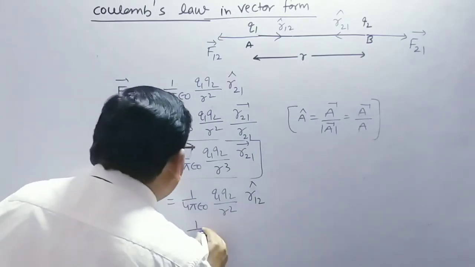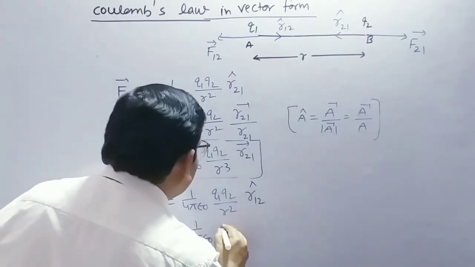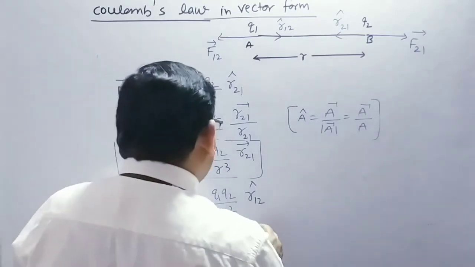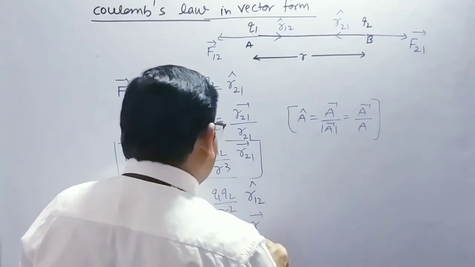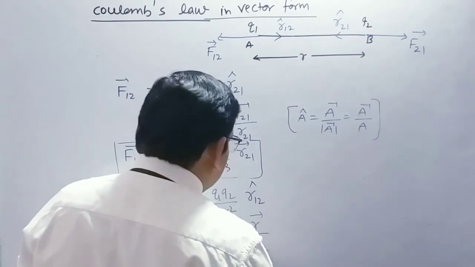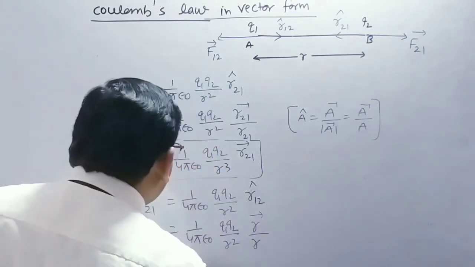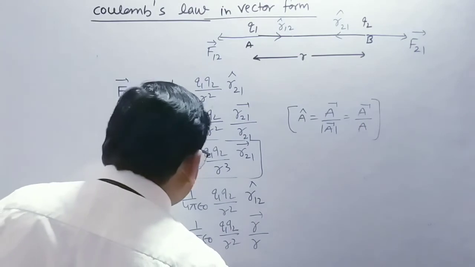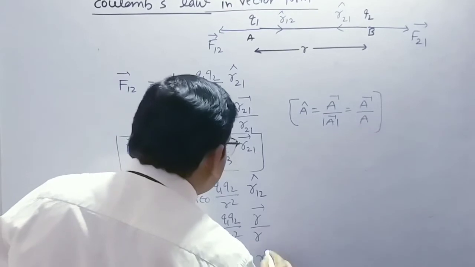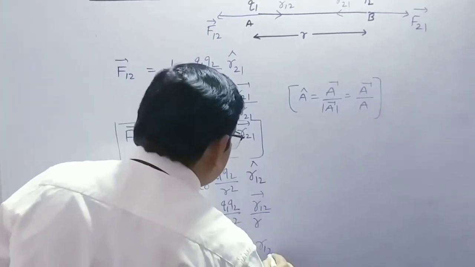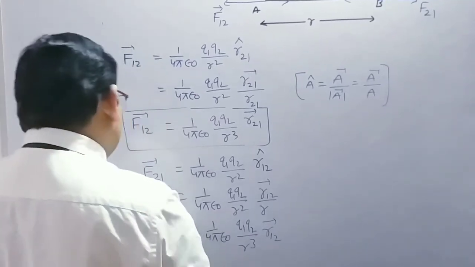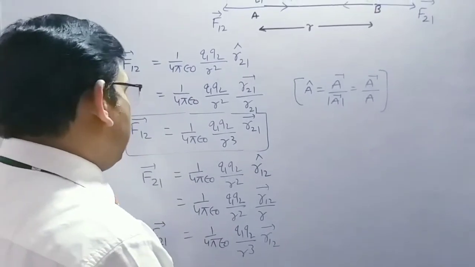Further, 1 by 4 pi epsilon, Q1 Q2 by r square, and this unit vector can be written as vector r by modulus of r, which is equal to r. So 1 by 4 pi epsilon, Q1 Q2 by r cube times vector r12. So these two expressions represent Coulomb's law in vector form.